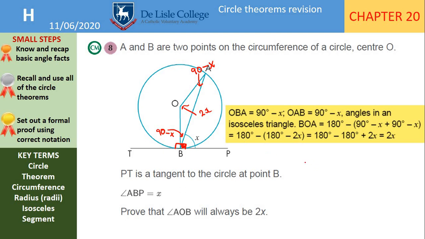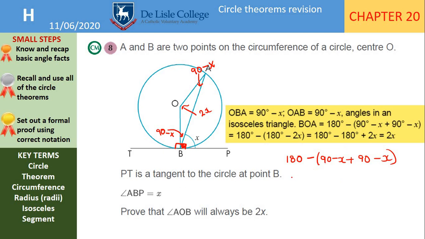So what they've done is they've said they all must sum to 180, and then they've taken away the 90 minus x added to the 90 minus x, which is exactly the same as what we did.